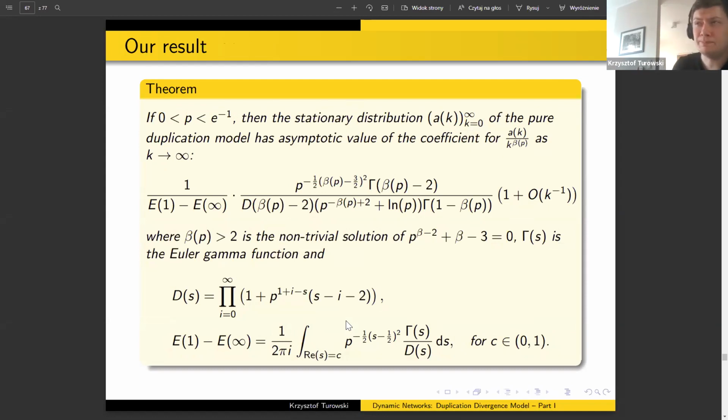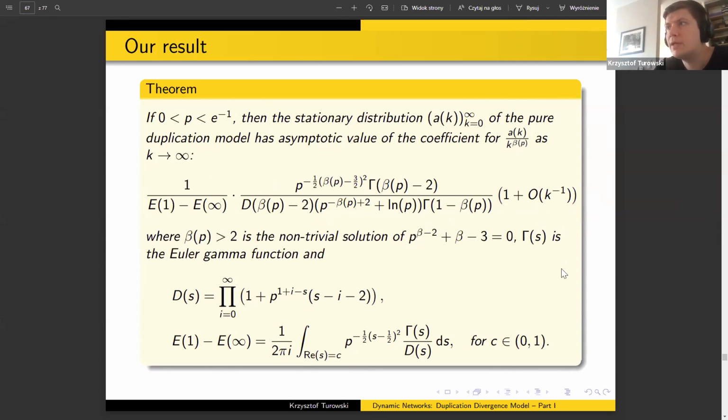But the solution is not as important as it looks. The only thing is that this is the very large constant that describes the quotient of A of k divided by k to the power of beta. And the trick is that this is indeed asymptotically going to a constant as k goes to infinity.